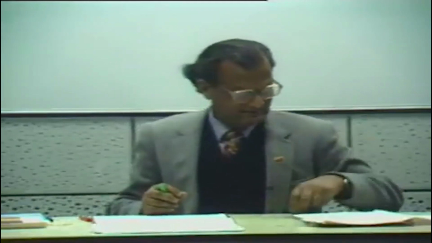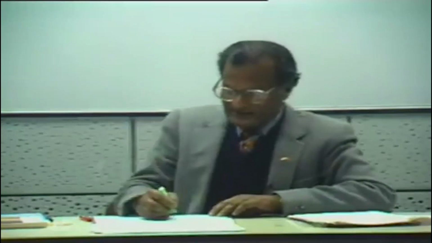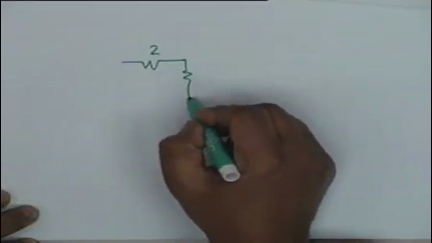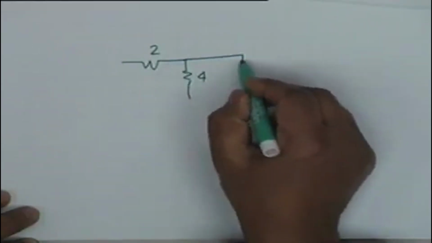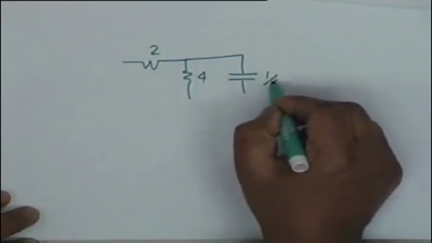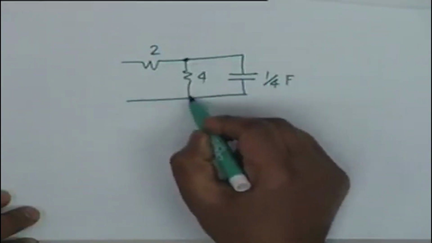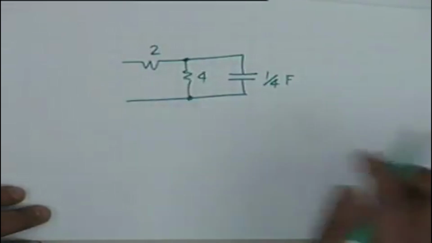Let's take an example. Suppose I have a resistance, let's say 2 ohms, another resistance 4, and a capacitance of value 1/4 farad. We assume the circuit to be initially relaxed.